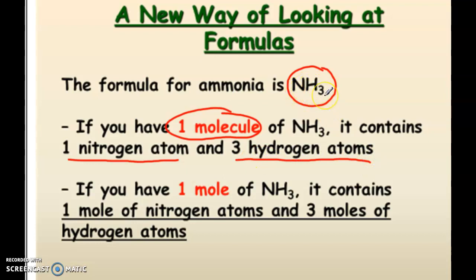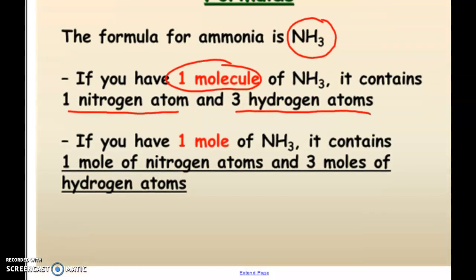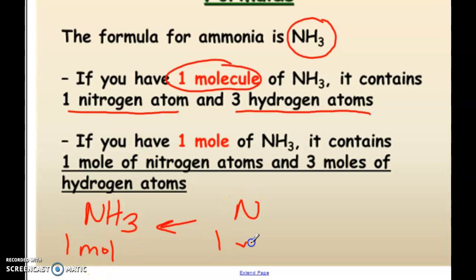But let's say we had 1 mole worth of NH3. In order to make this, we would need 1 mole of nitrogen and 3 moles of hydrogen.